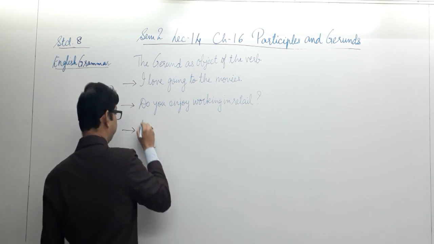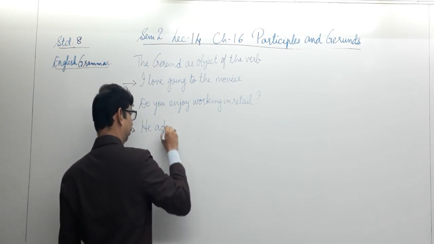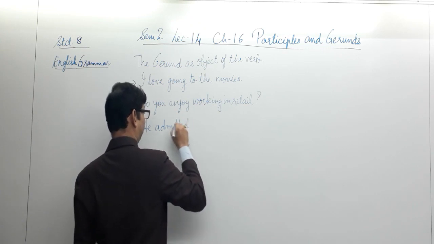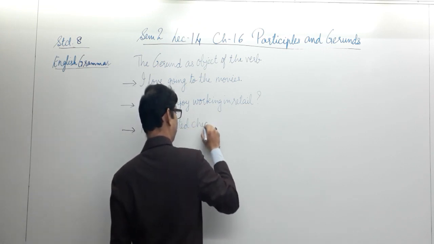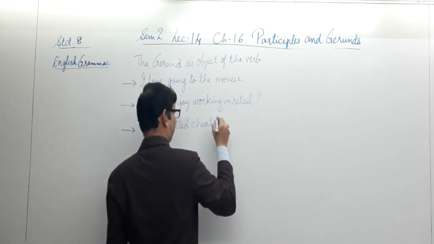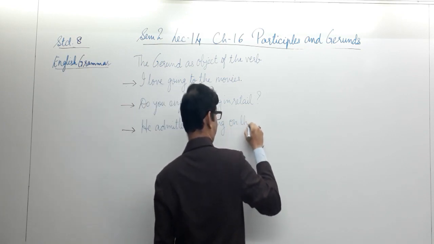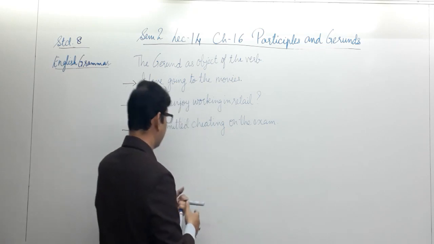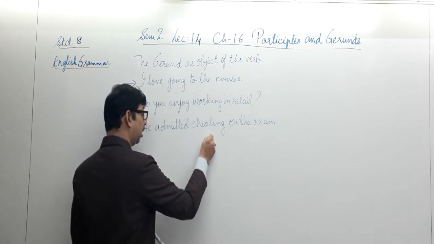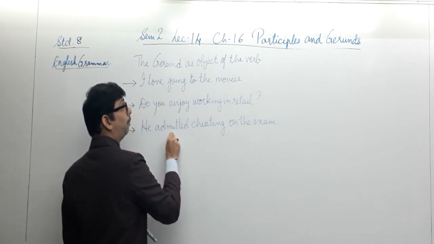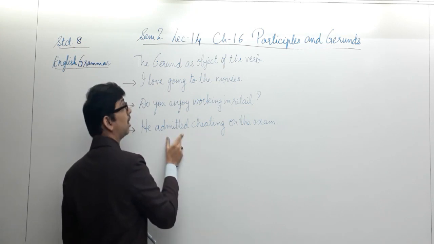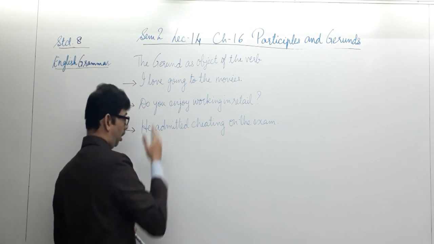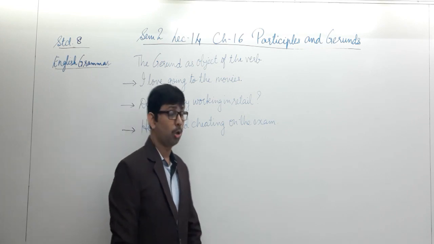He admitted cheating on the exam. Well, here once again you see over here the word ing form cheating, supporting or playing the role of a gerund as the object of the verb. Well, three examples about the object of the verb.